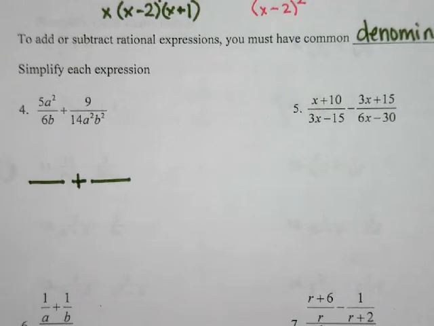I want to get my denominators to be the exact same. So I have 6b and 14a²b². We need to find our common denominator, our least common multiple of 6 and 14. Is 36 divisible by 14?